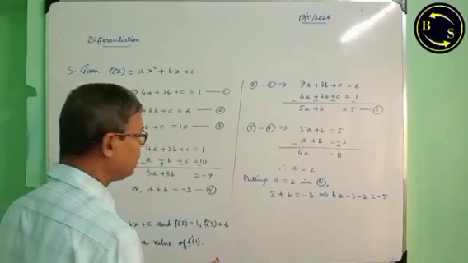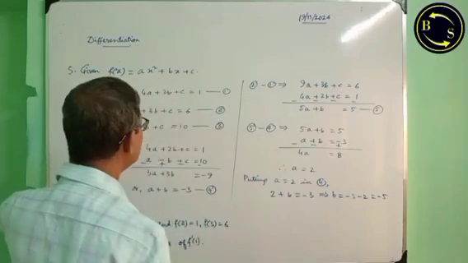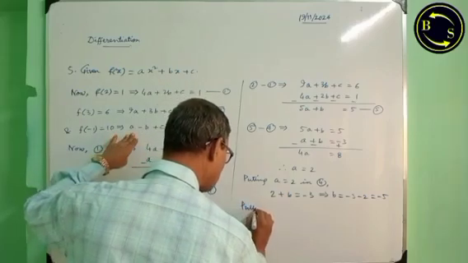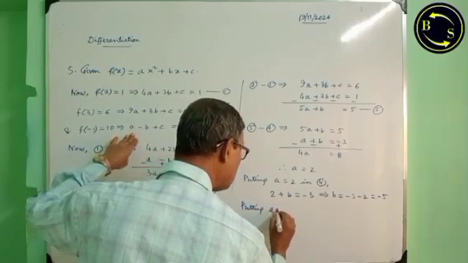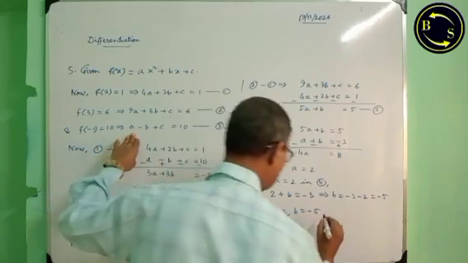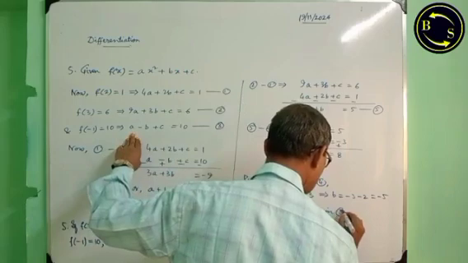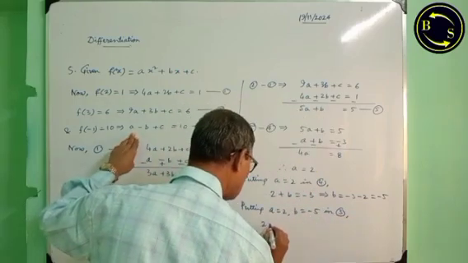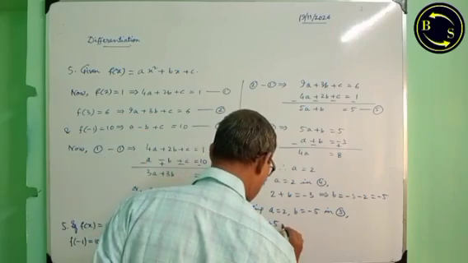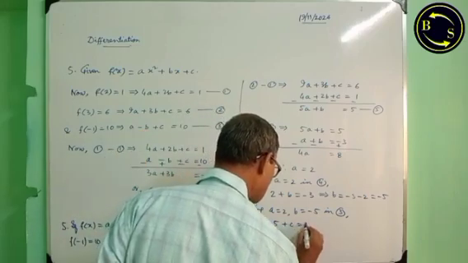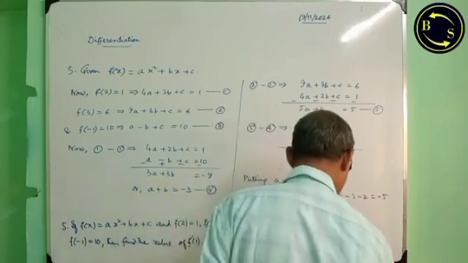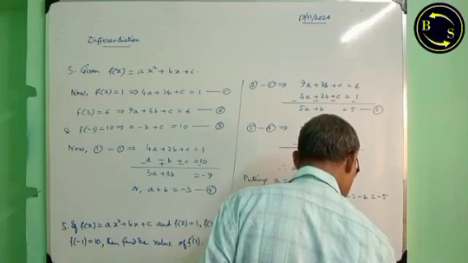We have got the values of a and b, then we put those values in any of equations 1 to 3. Putting a equal to 2, b equal to minus 5 in 3: 2 plus 5 plus c equal to 10. From that c equal to 10 minus 7 equal to 3.